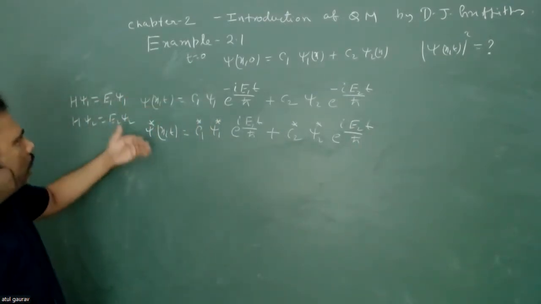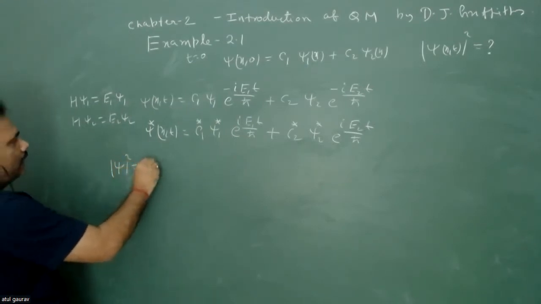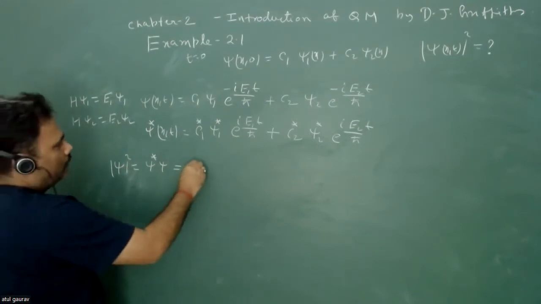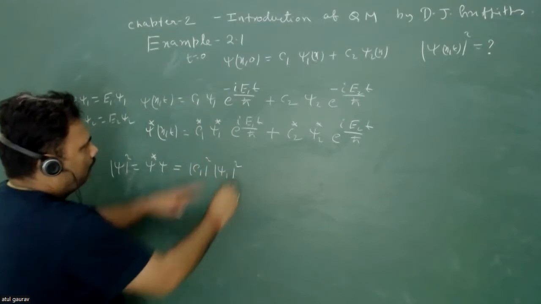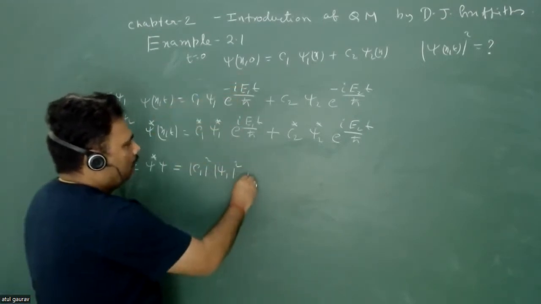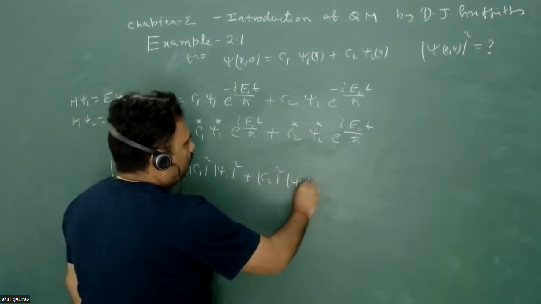And if we calculate the value of mod psi squared, that is nothing but psi star psi, and this value is equal to mod C1 squared, mod psi1 squared, this into this. This is minus and this is plus, so this term will go. Similarly, mod C2 squared, mod psi2 squared.